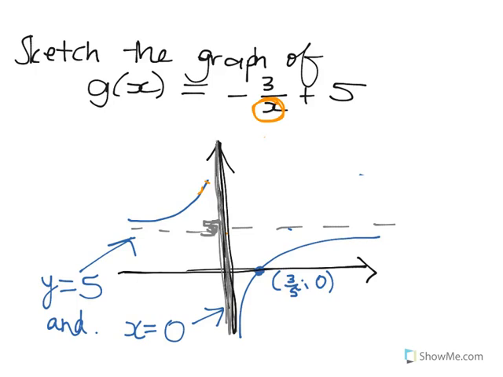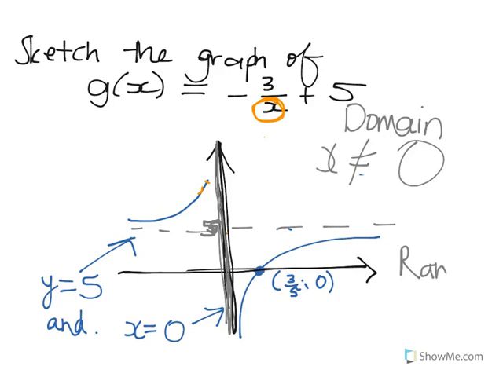That input is not allowed because division by 0 is not defined. So the domain of this function would be x can't be 0. X is not allowed to be 0. And so if you're asked what the domain of the function is, that would be your response over there.